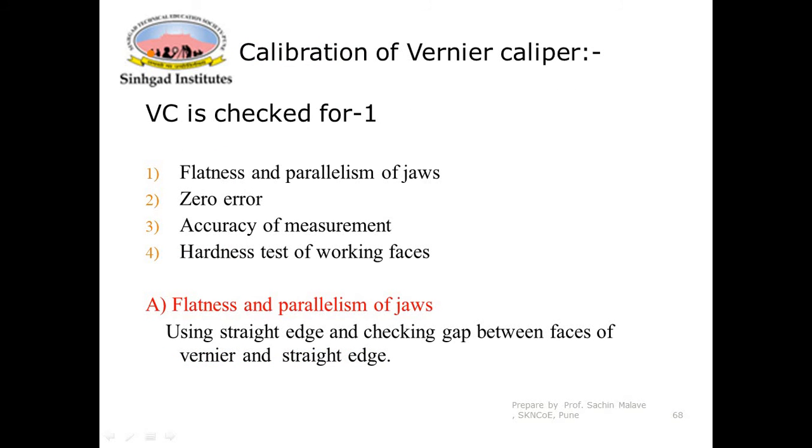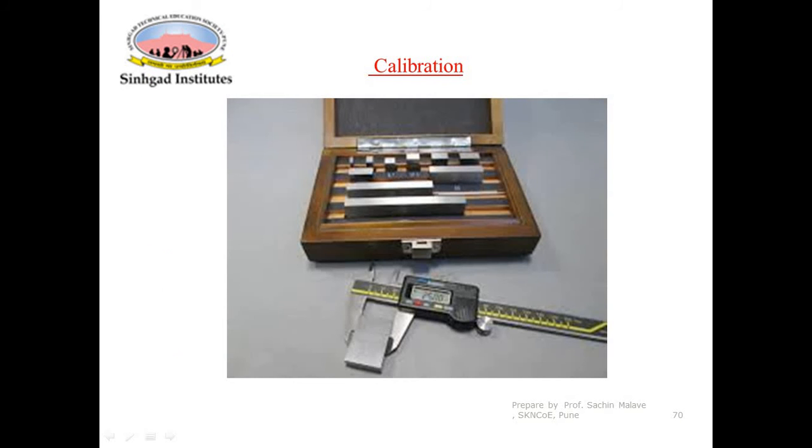Then the next parameter to be checked is hardness testing of the work faces. We have to ensure that the faces of the anvils, the fixed anvil and movable anvil, are hard enough, because every time the pressure is applied on the workpiece by the faces of the anvil.